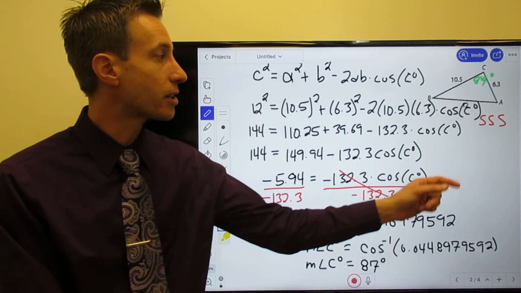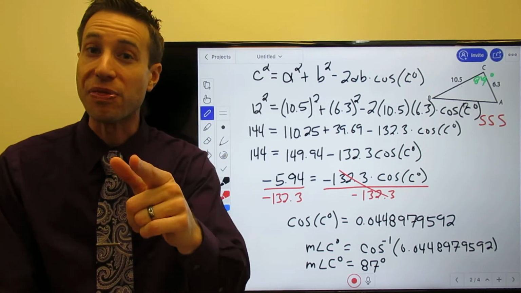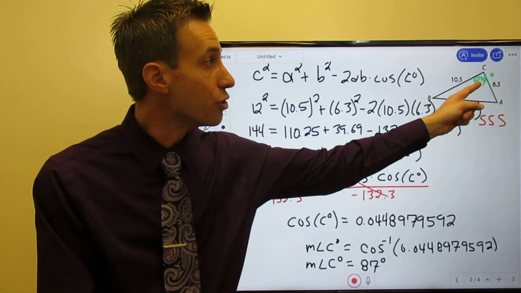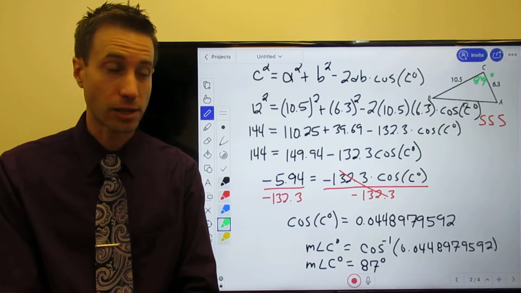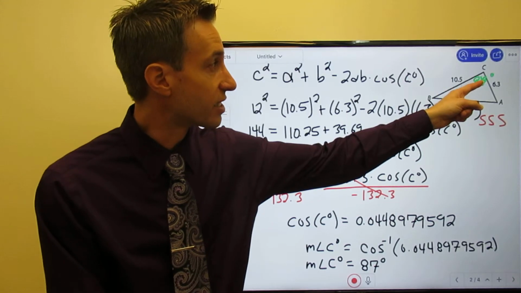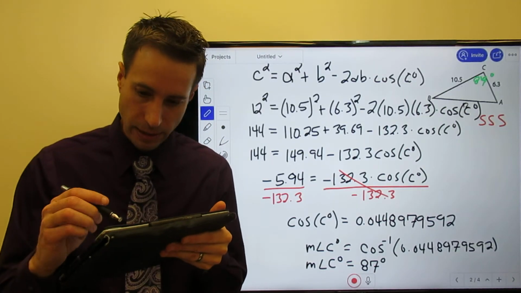You could then go on to find the measure of angle B and the measure of angle A. At this point, now that you know the measure of an angle, you could use the law of sines, right?